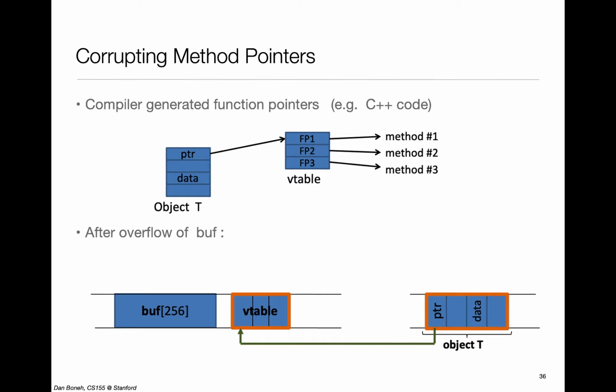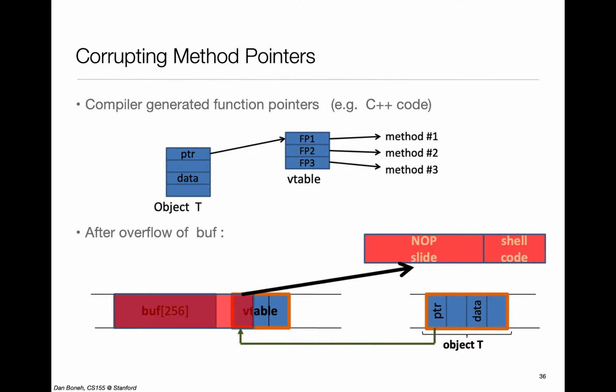Within the members of a particular class, you could overflow a particular buffer and then override the associated function members. This is just an example of how you can implement this, let's say by using a no-op slide that leads to some shellcode.